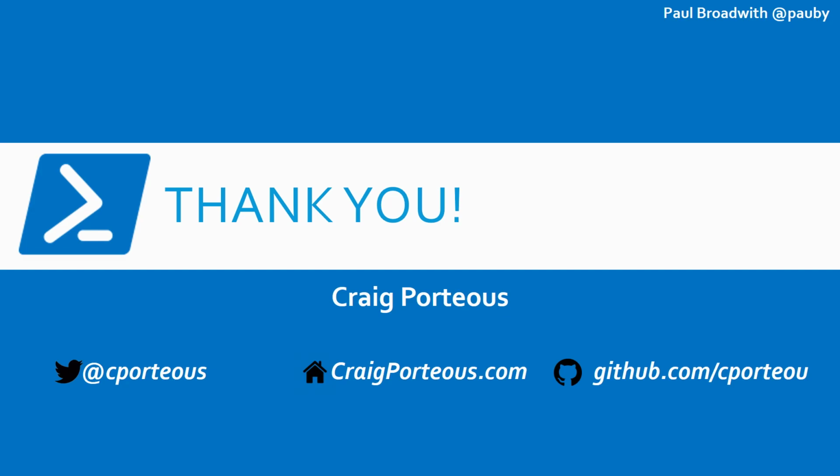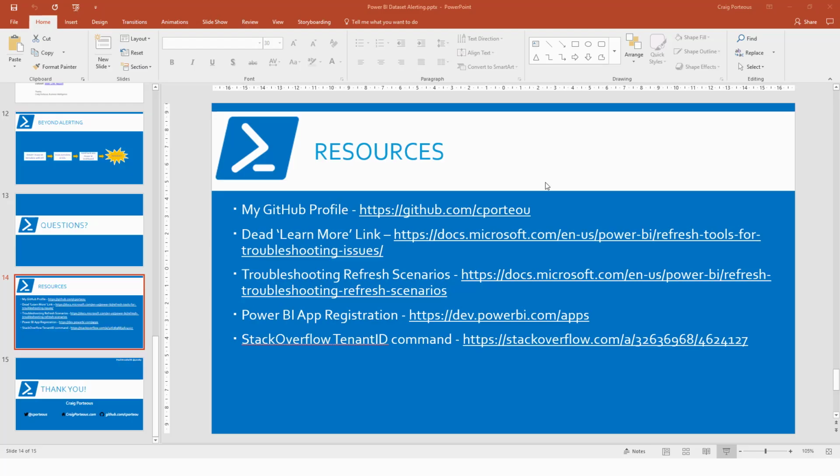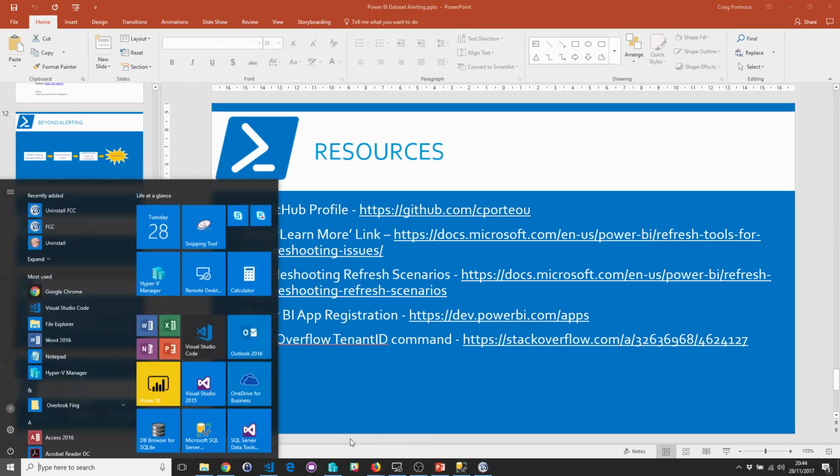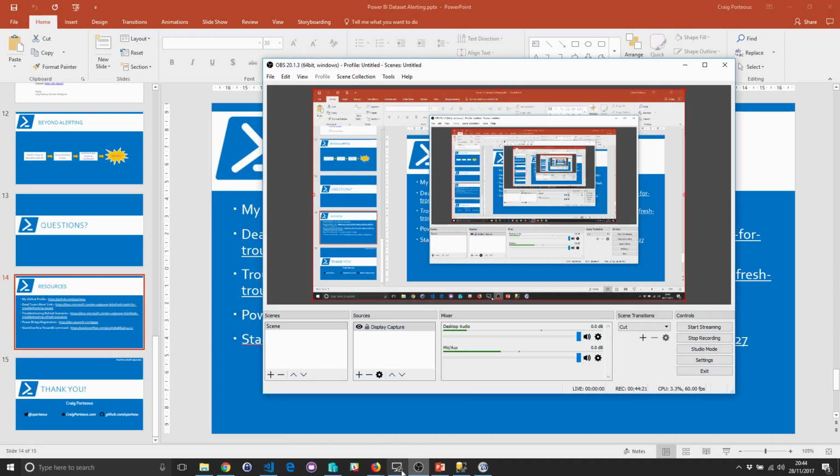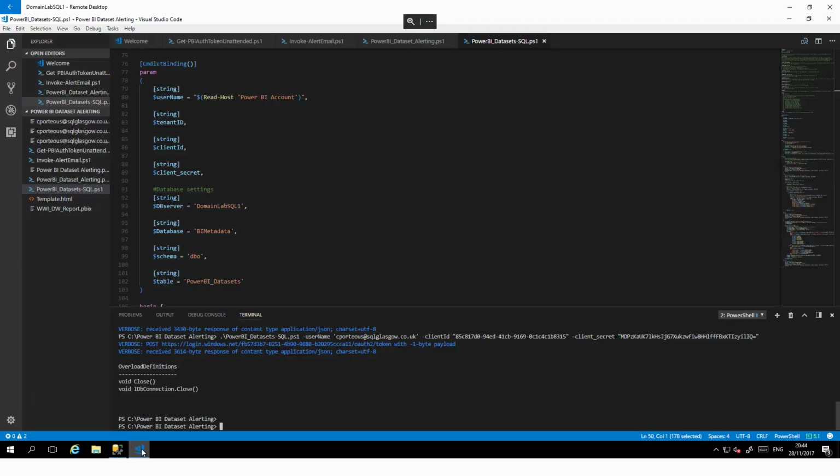A bit of your code? I'm just wondering why you did one particular thing. Could you jump back to your VS Code? Yep. See there, just at the top, you've got parameter username, and you've got Read-Host. Is there a reason you've done it that way, not like the other ones, where there was another function where you had the parameter set as mandatory?